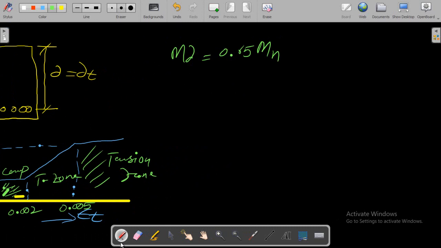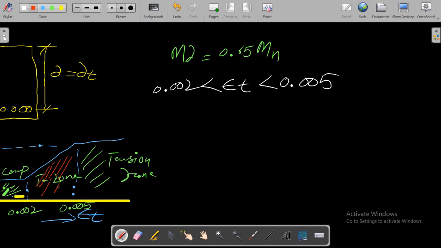If the epsilon t value is greater than 0.002 but less than 0.005, this means we are in the transition zone, and in this case we have to adjust the phi value. It can be adjusted as 0.48 plus 83.3 epsilon t.